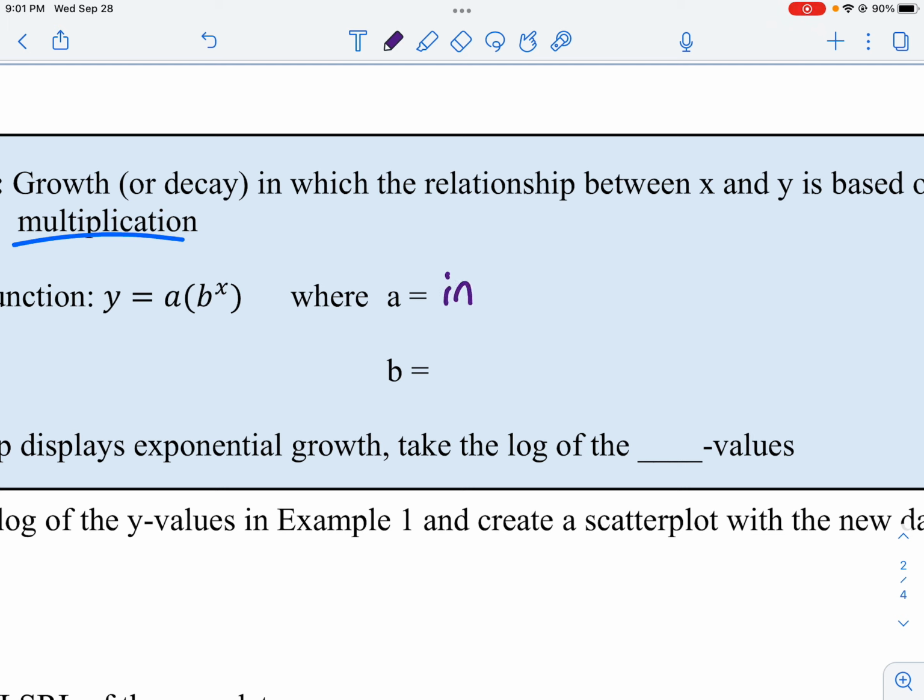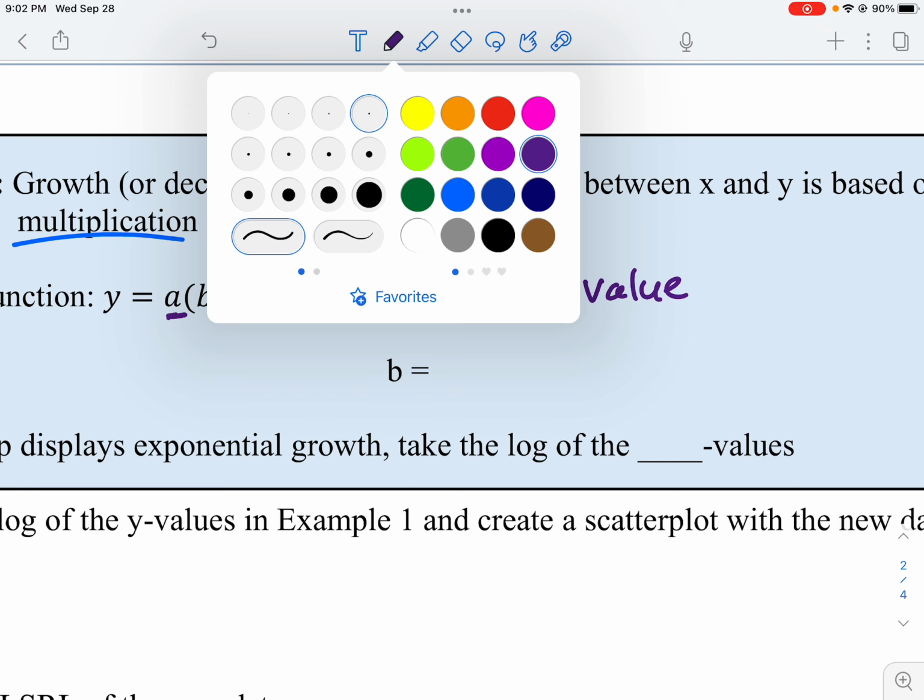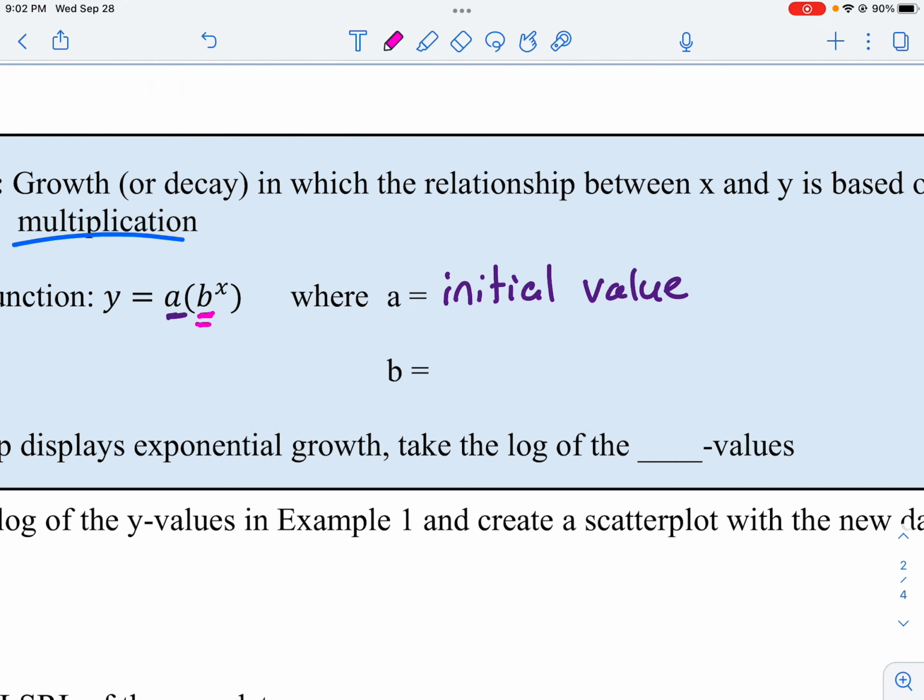A is our initial value. What are we starting with? Okay, that's what A is. And then B is what we call our scalar multiple.